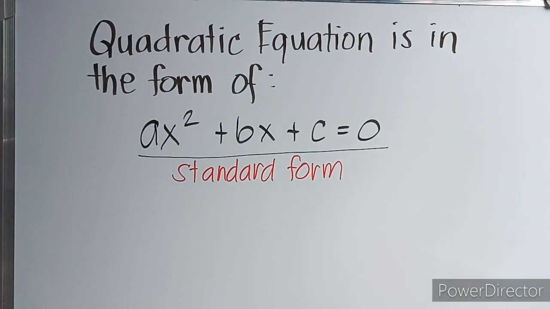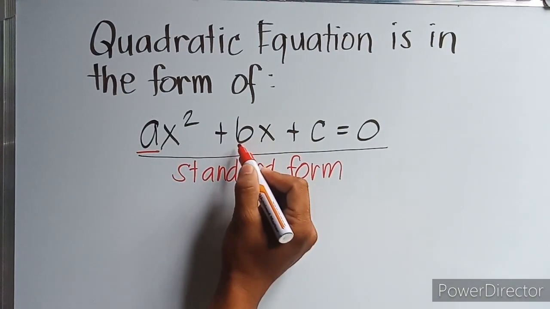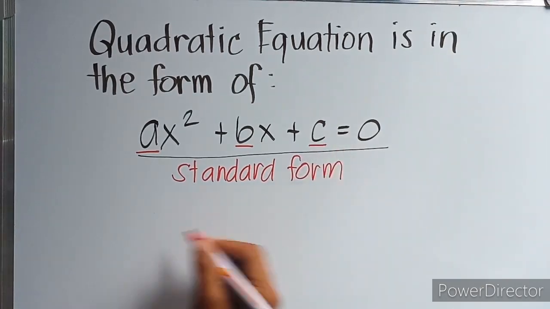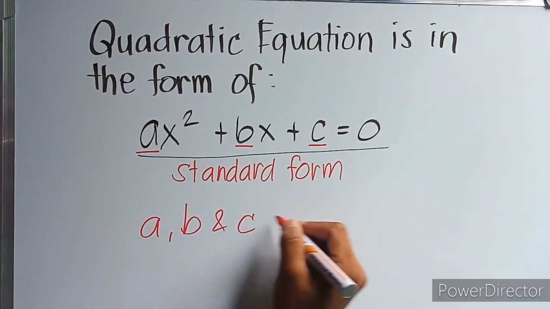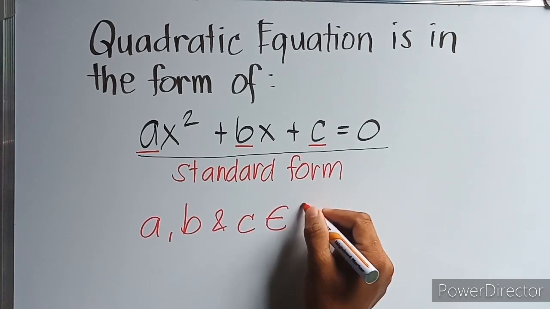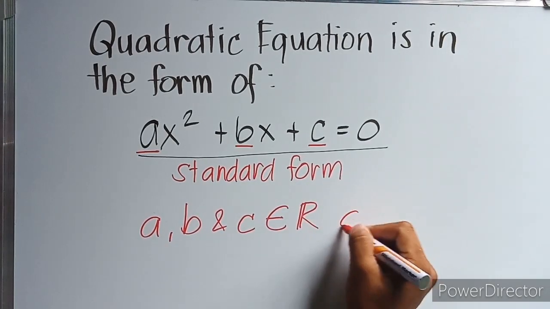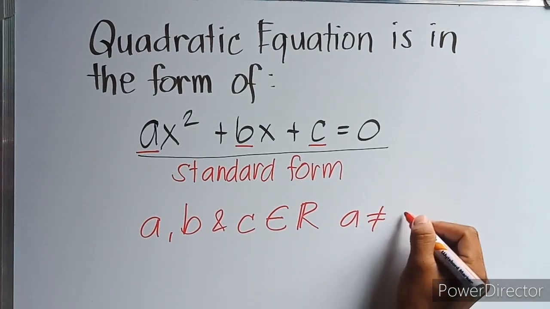From the equation, we have a, b, and c. So a, b, and c are elements of the real numbers, and a is not equal to 0.